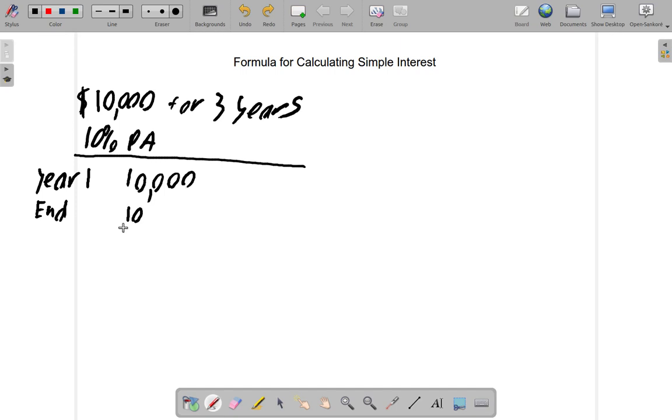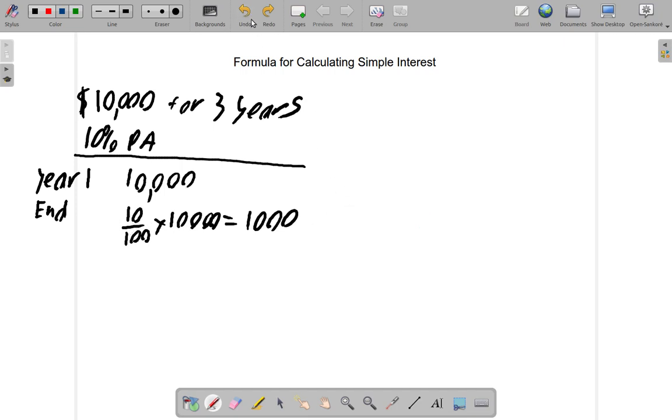It's 10% of $10,000, which is $1,000. Alright, good. So what you're saying here really is that the interest earned is the rate times the principal, the $10,000.